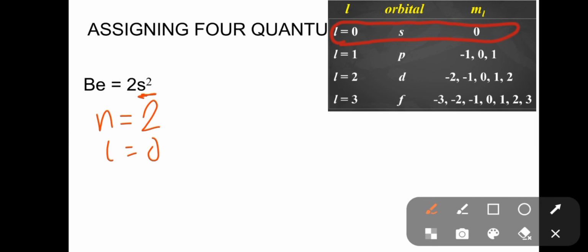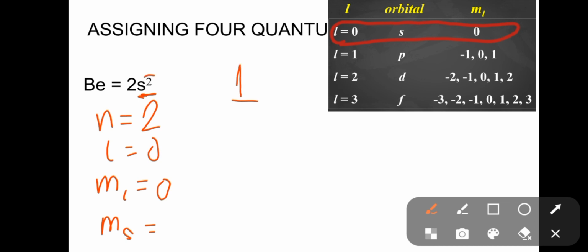Next, try natin hanapin yung ML. Diba nga sabi kanina, ang ML ay nakadepende sa kung ano yung value ng L. So, ang value ng L natin ay 0. So, automatic ang value ng ML natin ay 0. Next is the MS. Paano natin malalaman yung MS or yung spin? Meron tayong ML, isa lang yung orbital.